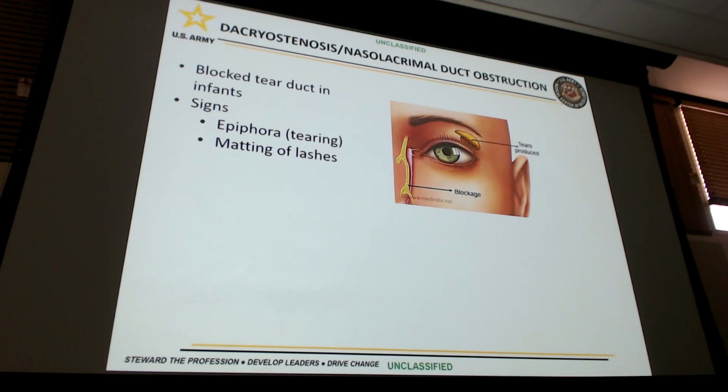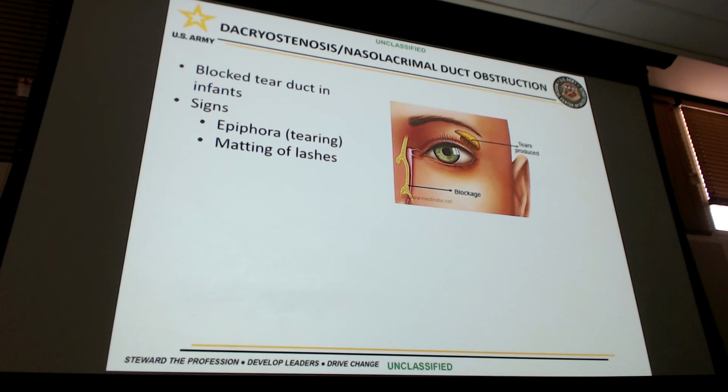Okay. One of the signs for this is tearing. That should make sense, right? If the tear duct is blocked, then the tears are just going to overflow outside of the eye. There's no place for them to drain, so they stream down the cheek. So a lot of times you'll have parents coming in, because this happens typically in children.